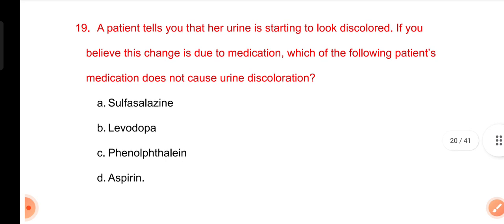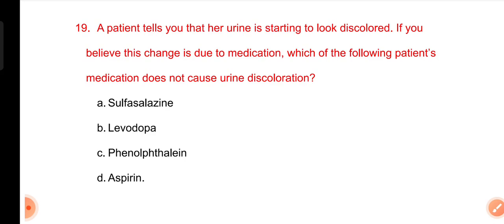The next question is: a patient tells you that her urine is starting to look discolored. Discolored means it is not the normal pale yellow color. If you believe this change is due to medication, which of the following medications does not cause urine discoloration?